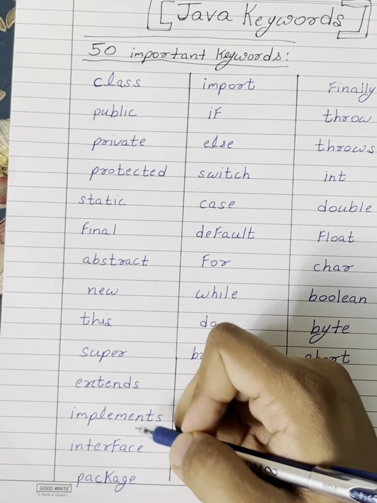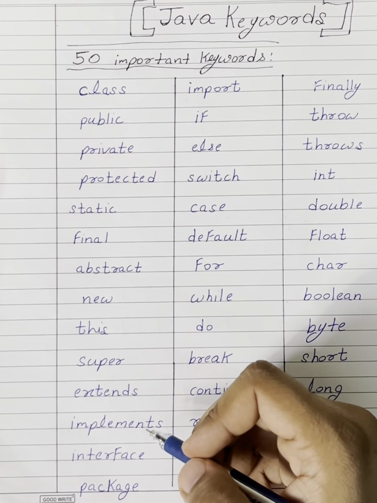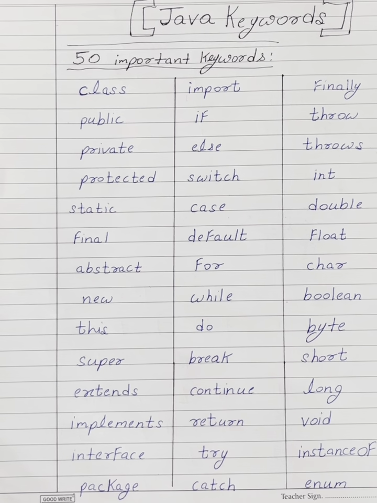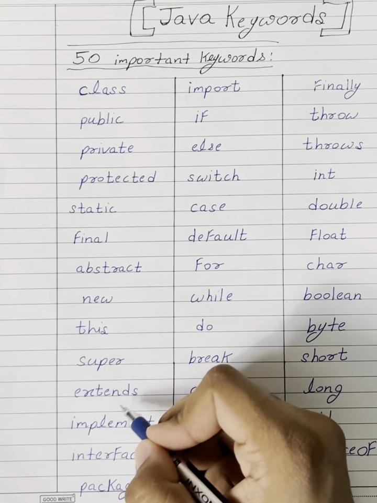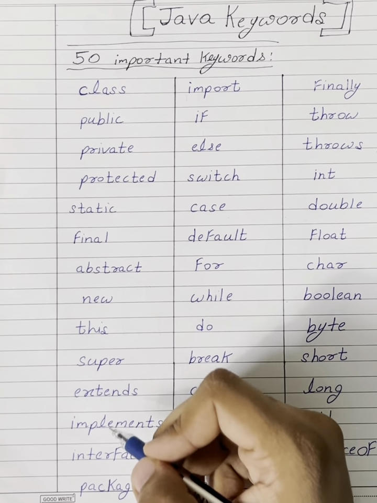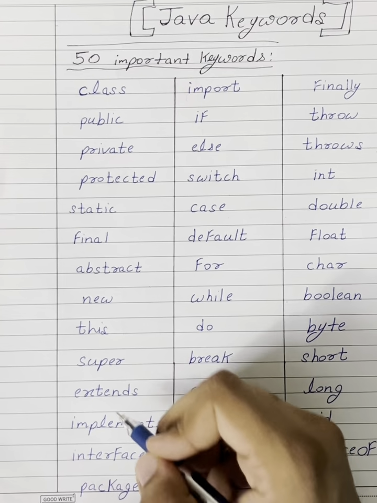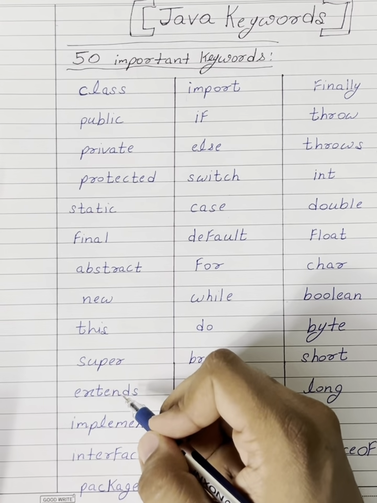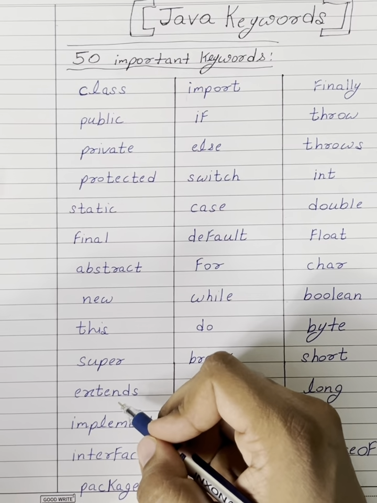Next keyword is the extends keyword. So guys, I was talking about the extends keyword. Guys, the extends keyword is used to establish inheritance between two classes or between two interfaces in Java.